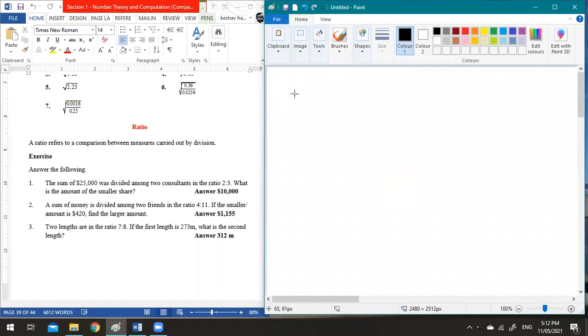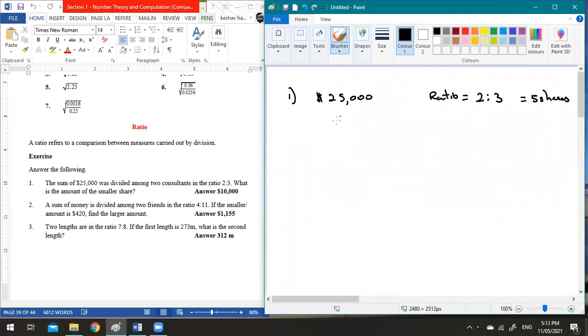Right, so let me try some of the questions that I have on the left-hand side here. Question 1: a sum of money is to be divided among 2 consultants in the ratio 2 to 3. What is the amount of the smaller share? So the total amount is 25,000, and the ratio is 2 to 3, which will equal 5 shares.